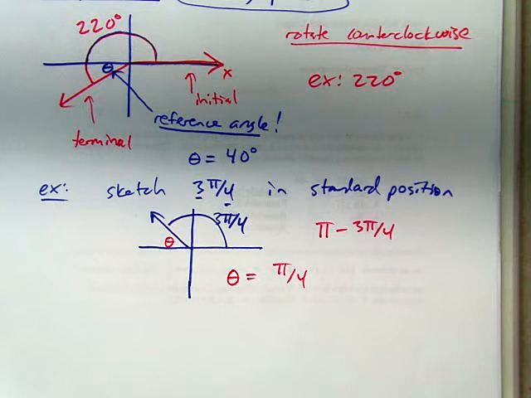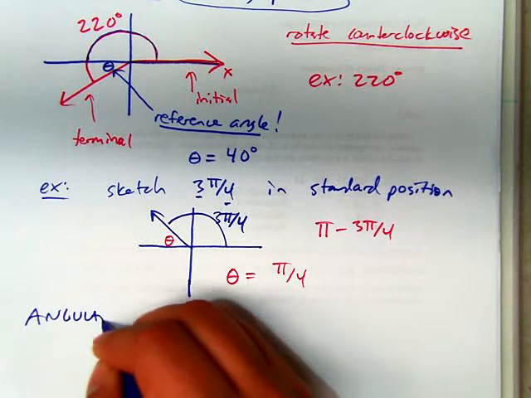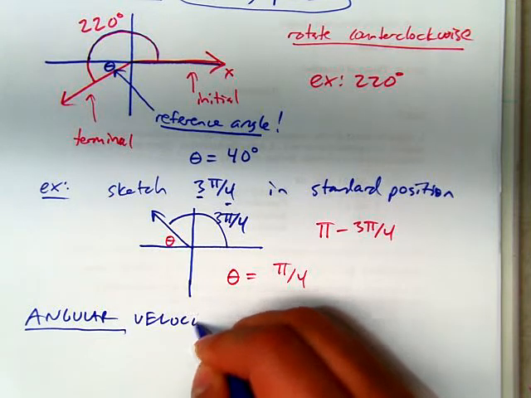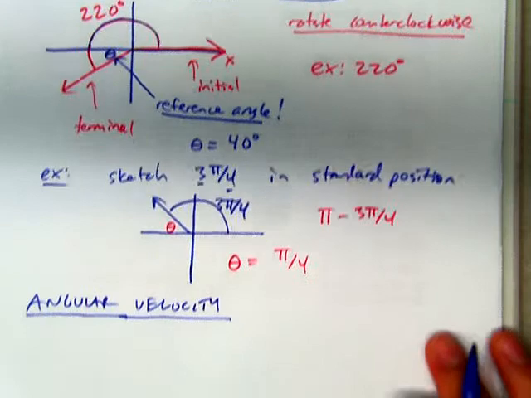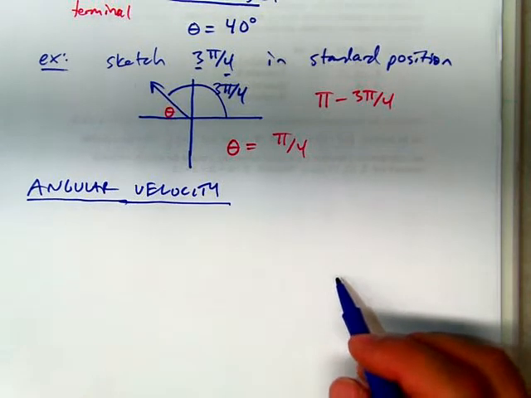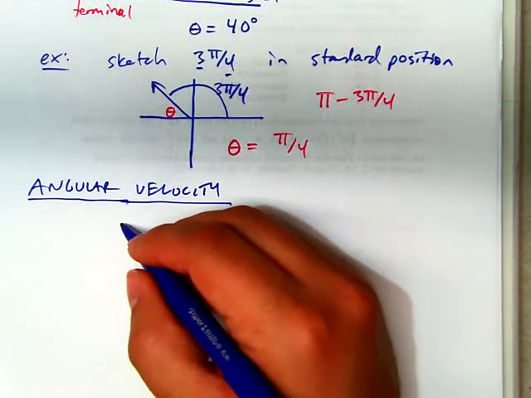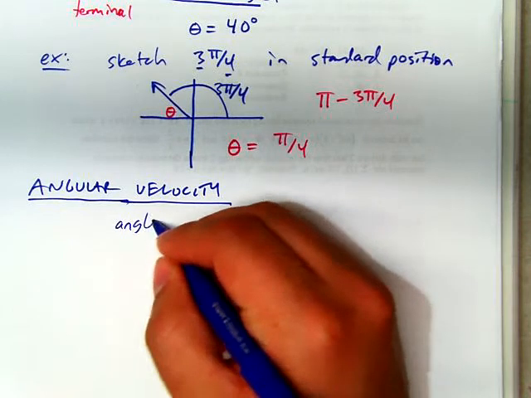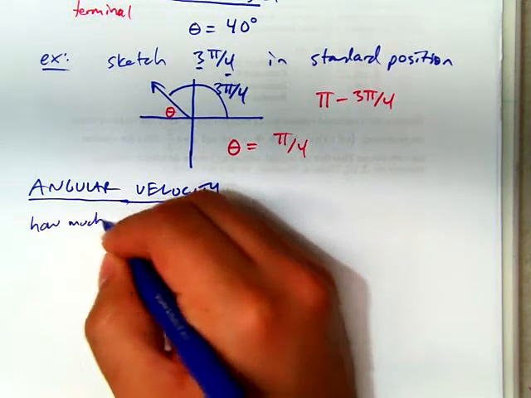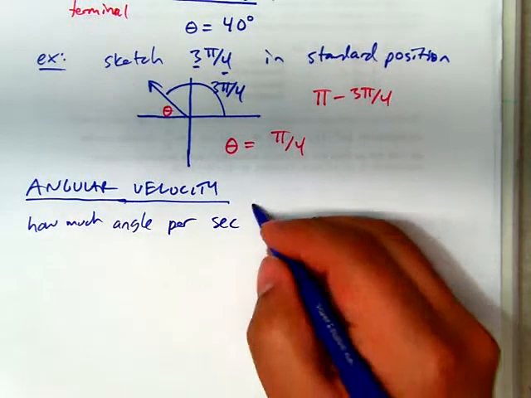Let's see. I think there's only one more topic and a few more examples. Angular speed or velocity. A good way to think about angular speed is how much angle, let's say it that way, per second or per whatever unit of time.